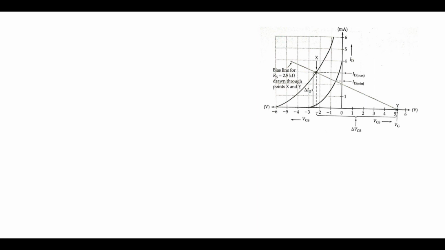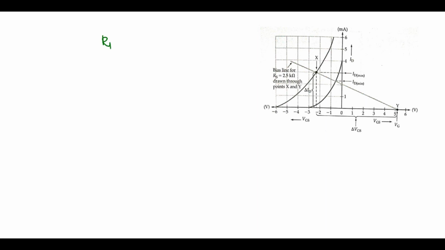Initially I marked ID at 3 milliamps, then del ID is 3 milliamps. We marked minus 2.3, which we have obtained by calculating VGS. Then from that we calculated del VGS, and from del VGS and VGS we calculated VG. With the help of the VG which we have obtained, we calculated the value of R1.